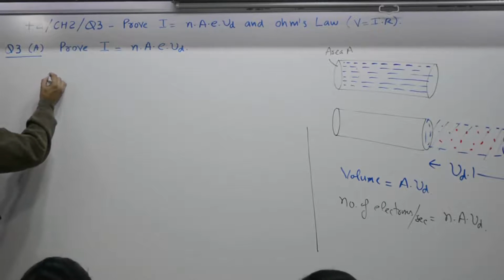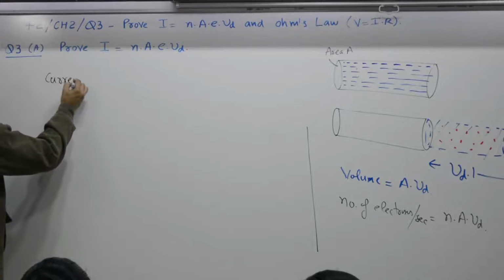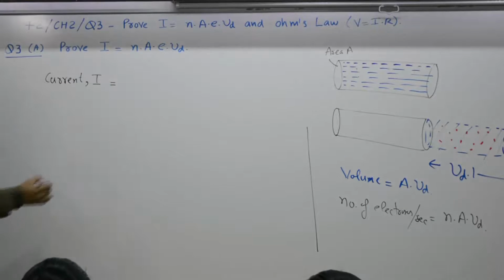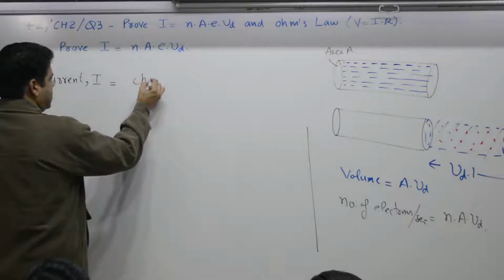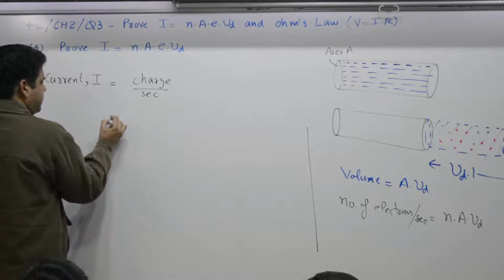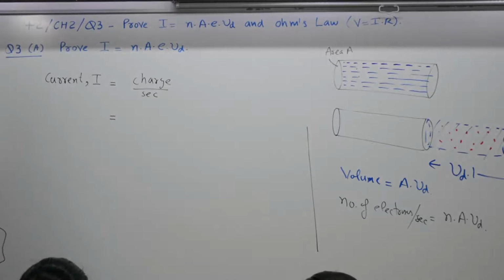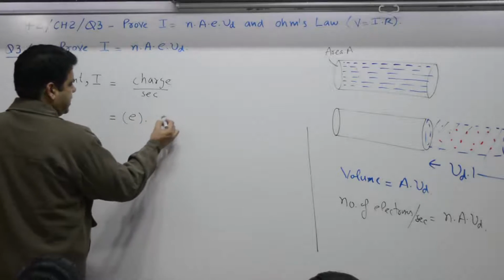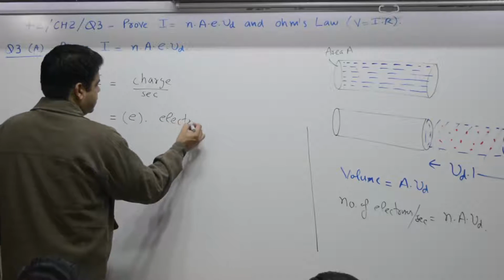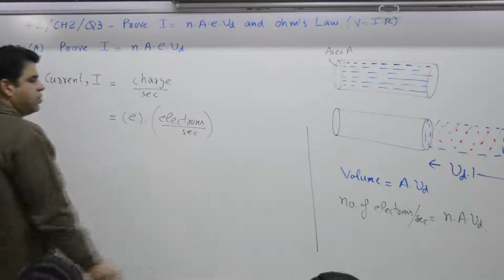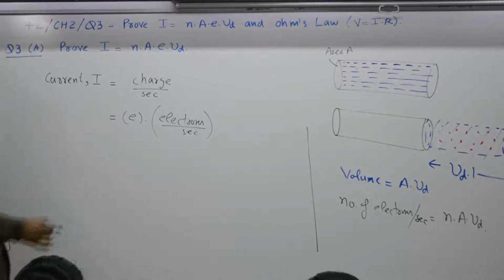I, or current, is what? Charge flowing per second. Charge on one electron is e, then it can be written as the number of electrons coming per second times e.